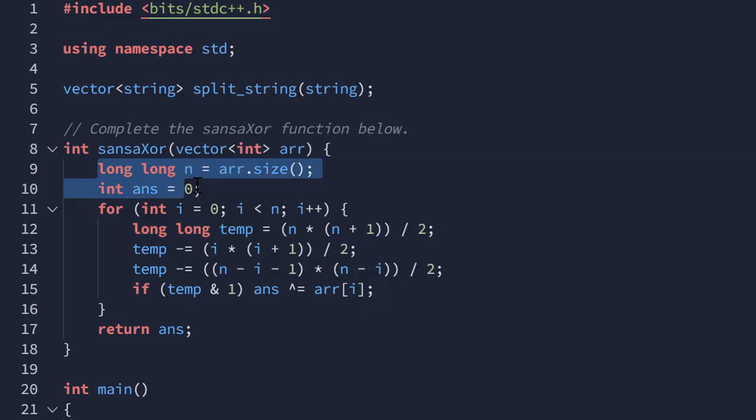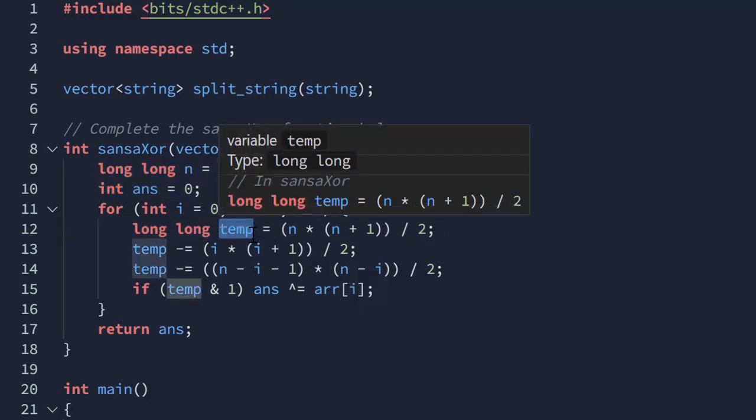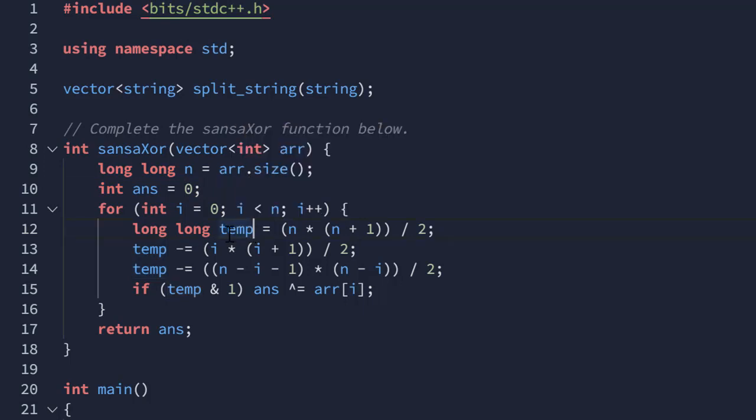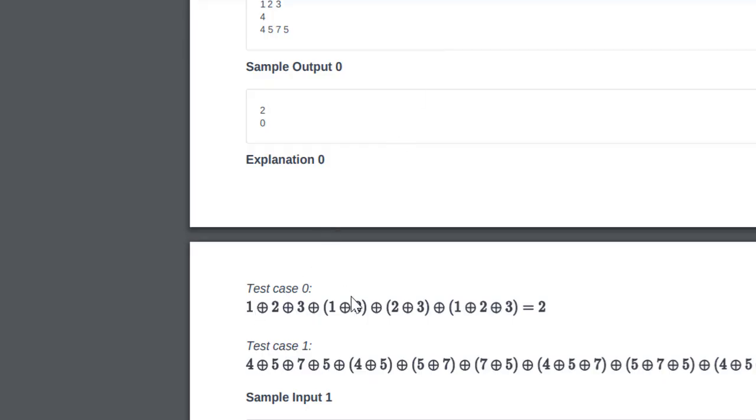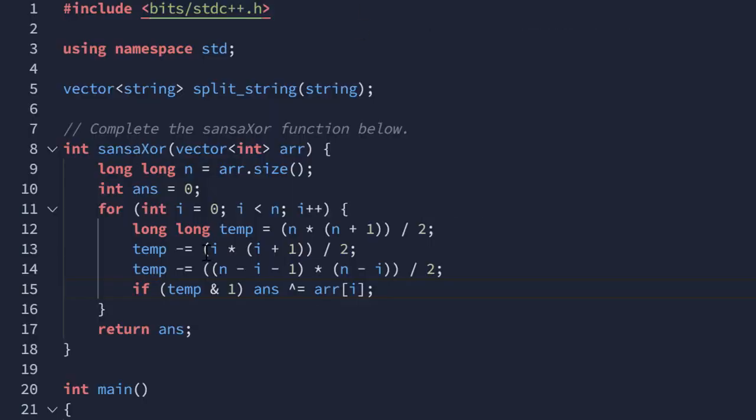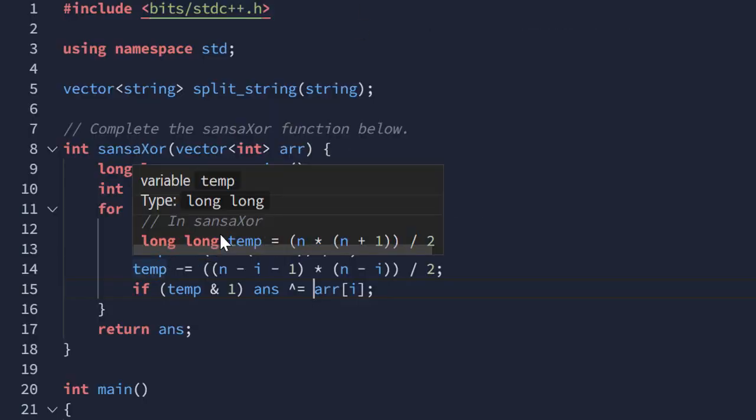So basically this variable temp is gonna tell me the number of times that a certain number, the ith element of the array, is going to appear in the decomposition that we see here, in which we take length 1, length 2, and length 3, and so on.